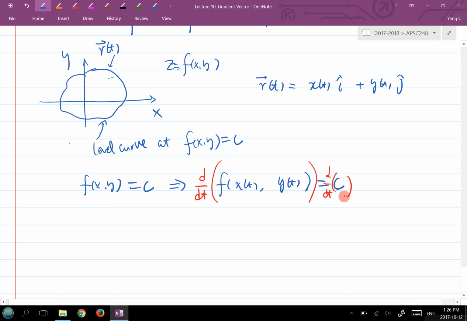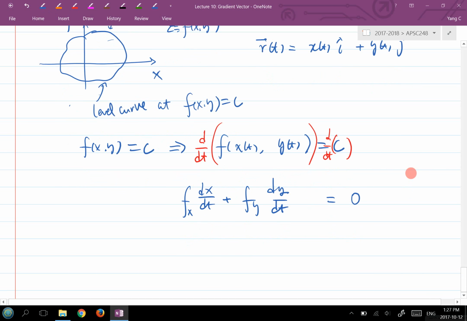This side is constant, so that's going to be 0. And on this side, you take the derivative, which naturally gives us the chain rule. Then on the left side, I can rewrite it using vectors.